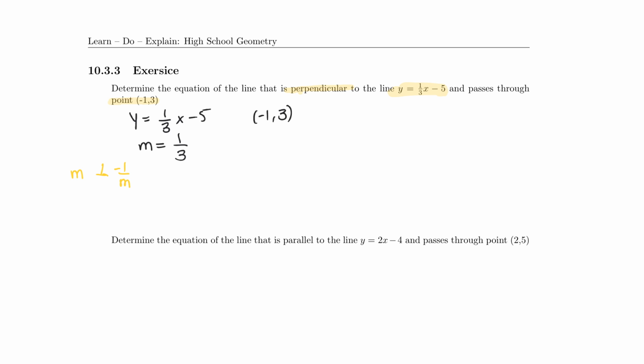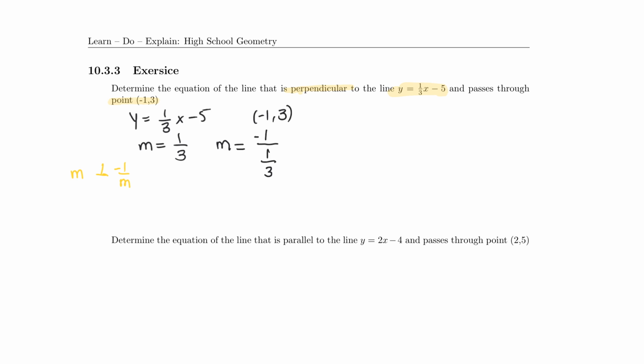So in this case, we have 1/3, which means that the perpendicular line should be minus 1 over the entire m, 1/3. Follow me. Here m is 1/3, and to get the perpendicular slope, we get minus 1 over the m that we are given, and the m that we're given is 1/3. So we put 1/3 in the denominator.